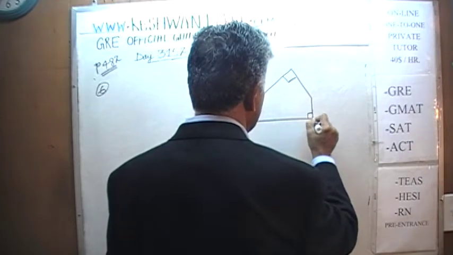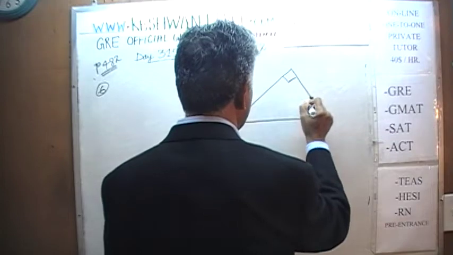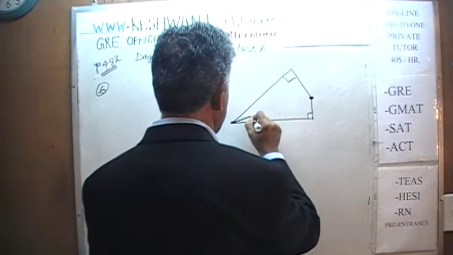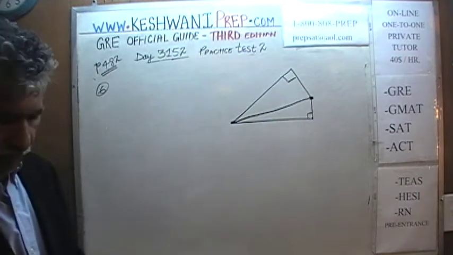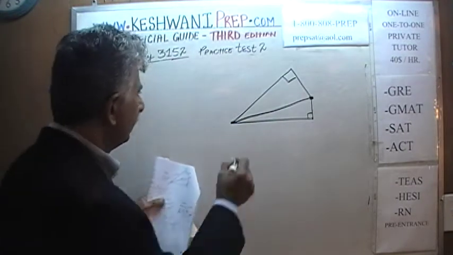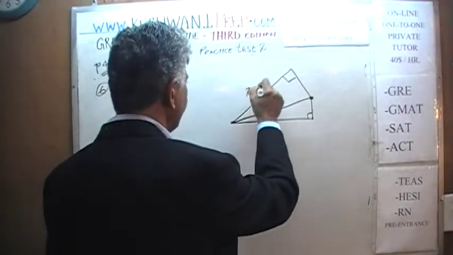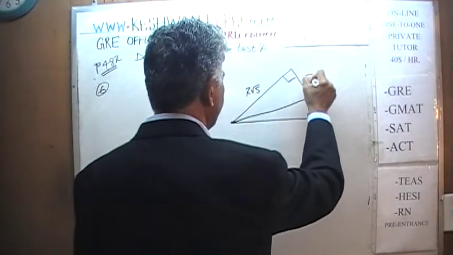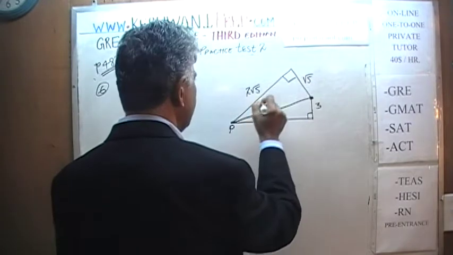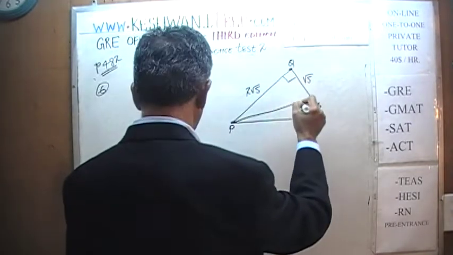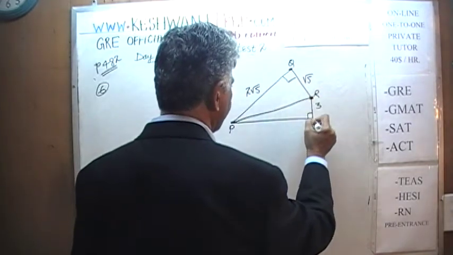This is 90 degrees, and from here to here we make the 2 triangles. This is what is given to us. Let's put in the information that we have. We are told that this side is 2 root 5, this side is root 5, and this side is 3, and we have P, Q, R, and S.